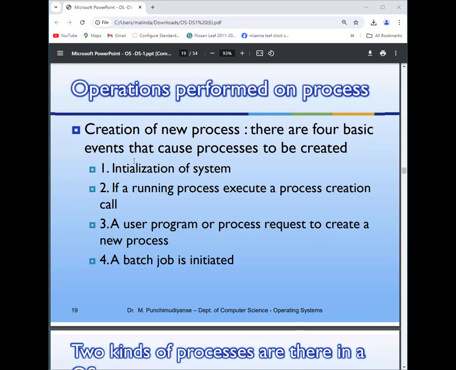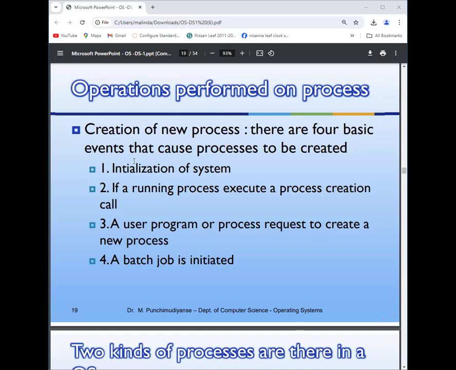Several subtasks like framing, annotation, and various other jobs have to be done. So those are different processes. All those four steps can be there when a new process is created.